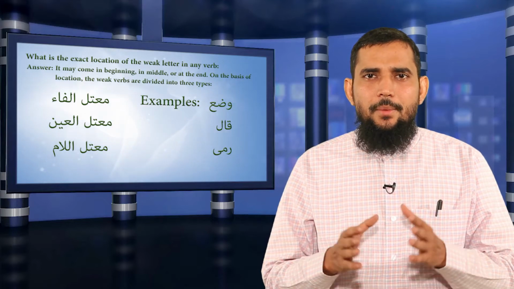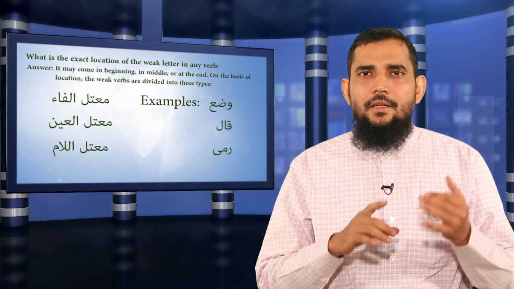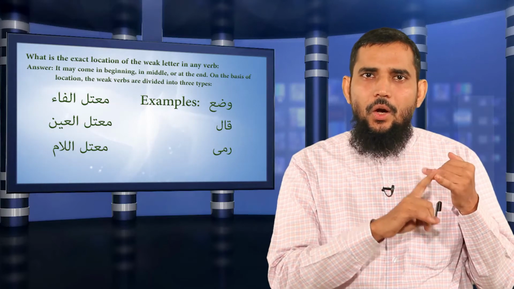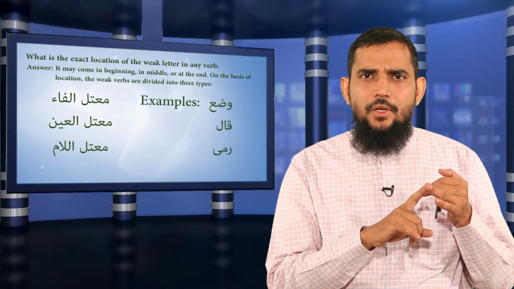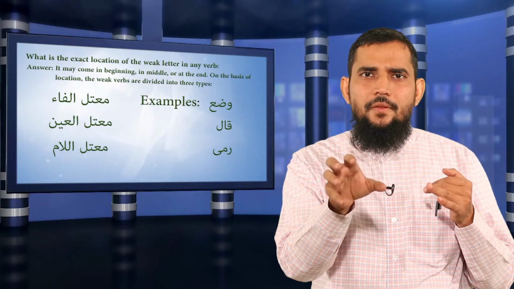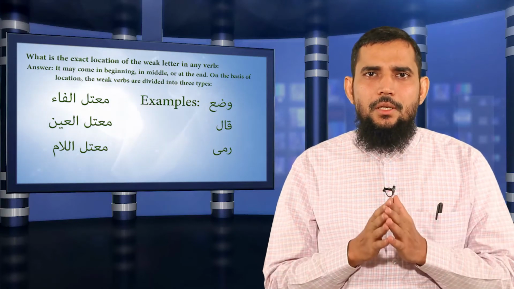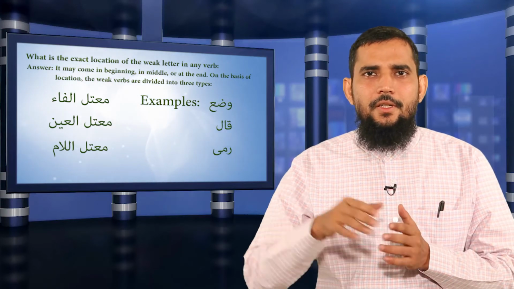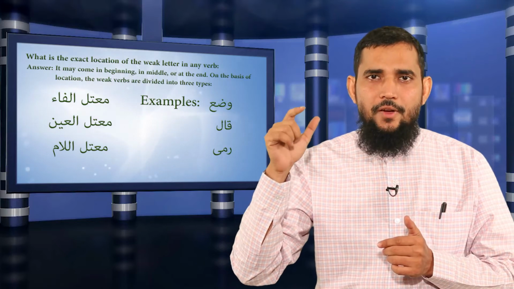So now I'm quite sure that you must have understood there are three types of weak verbs on the basis of location of weak letters in a particular verb. First radical weak, mu'tall fa.